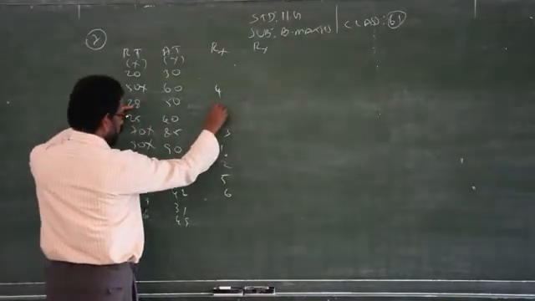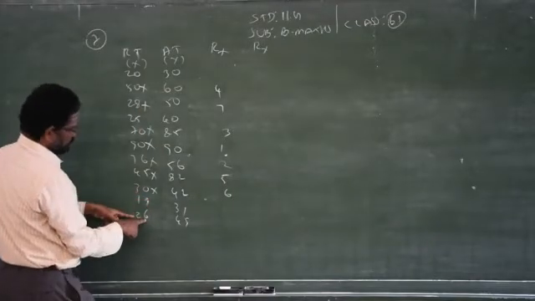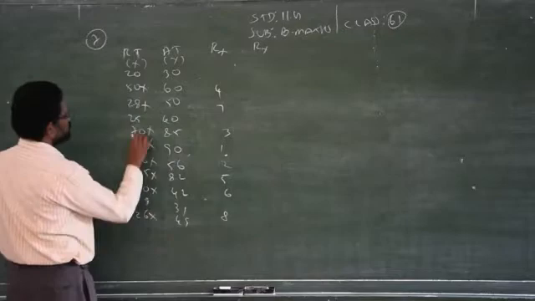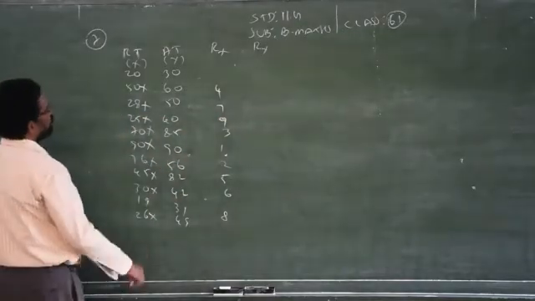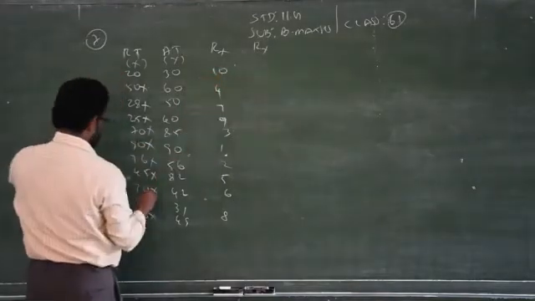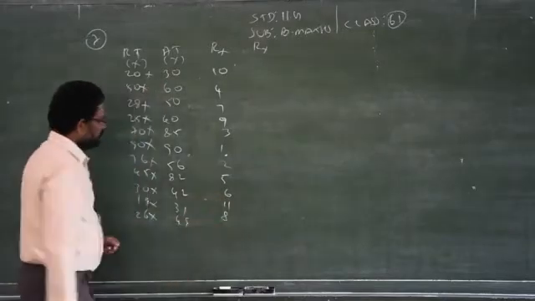So, 28 is 7. Then after 28, 26. That is 8. After 26, 25, that is 9. Then what about the remaining ones? 20, that is 10. 19 is 11. See, 11 ranks.